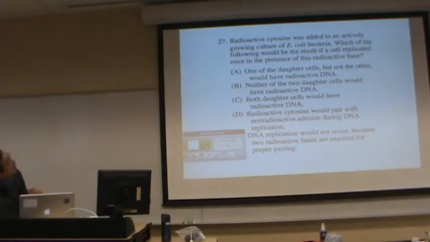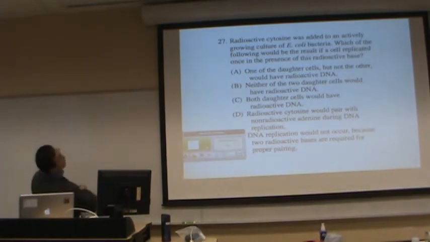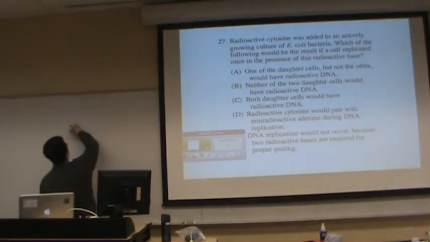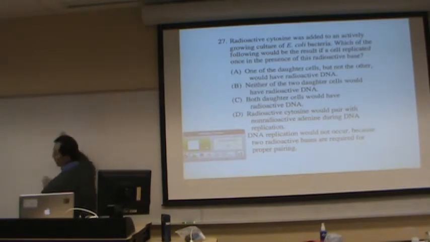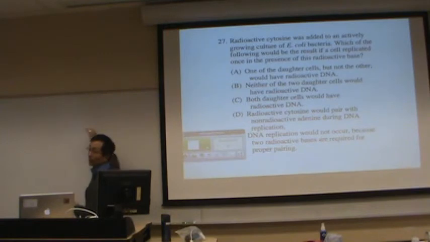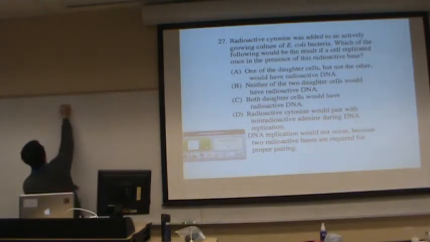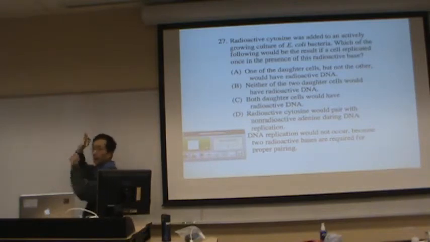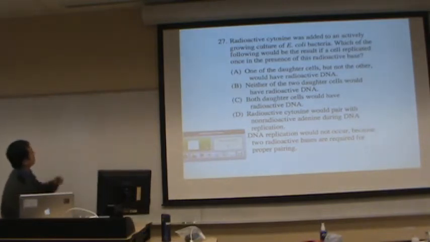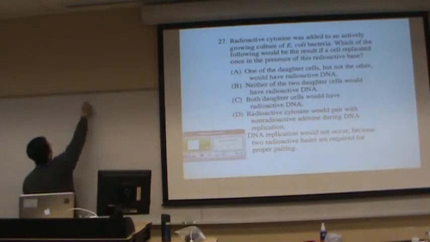So, there's a culture of bacteria. Let's put it in a flask. It's actively growing, let's say it's in log phase. And then we add radioactive cytosine. They say it's C, and it's radioactive. Add this into the culture.